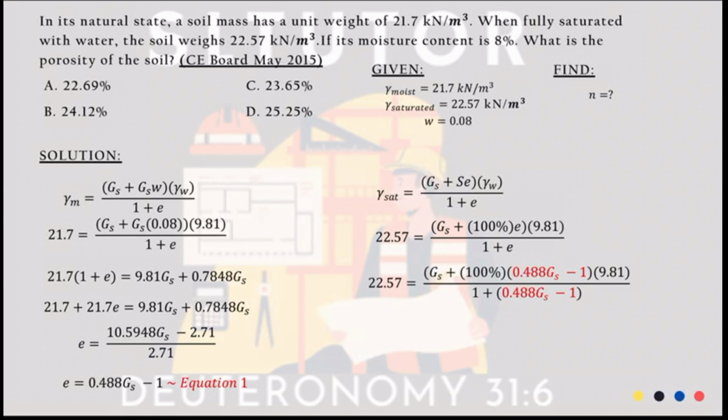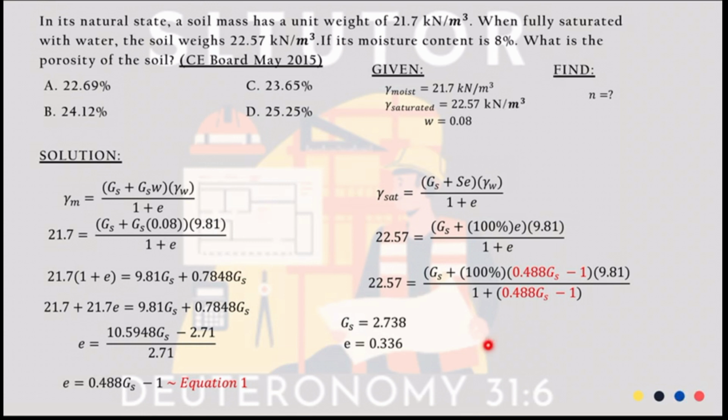So, solving for specific gravity or GS, we can get 2.738. Now, we can get the E or void ratio by substituting the GS into equation number 1. And let's do that. We can get void ratio is equals to 0.336.